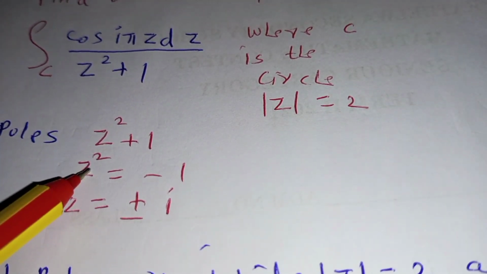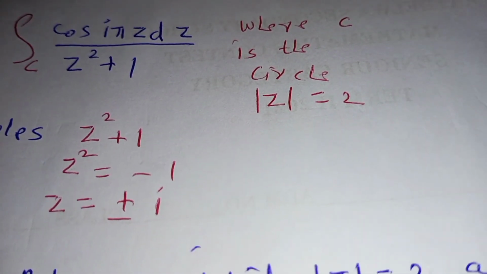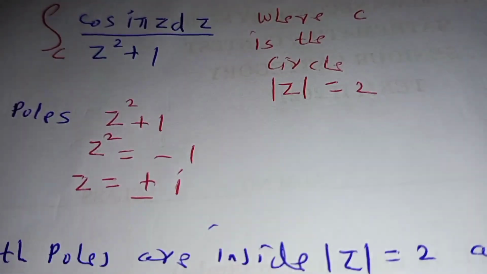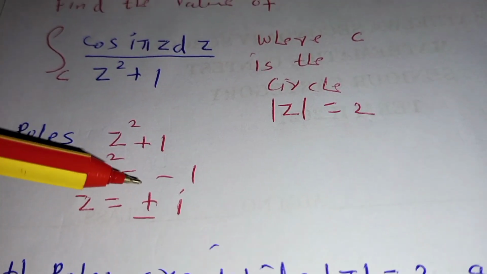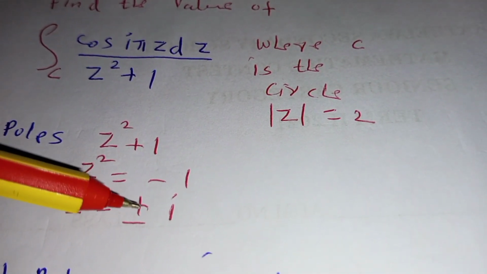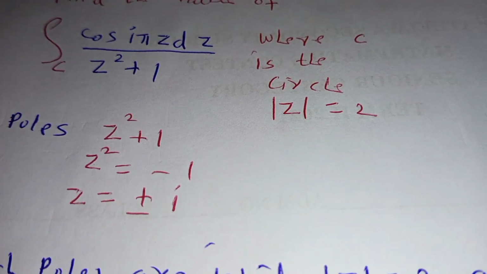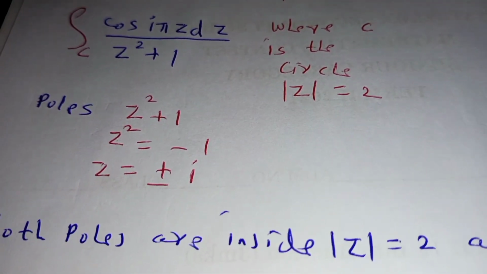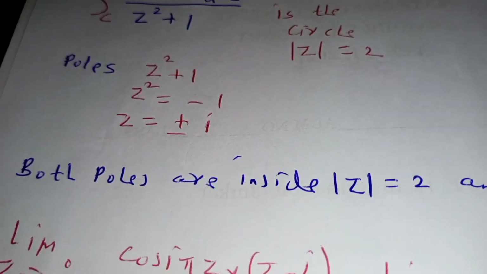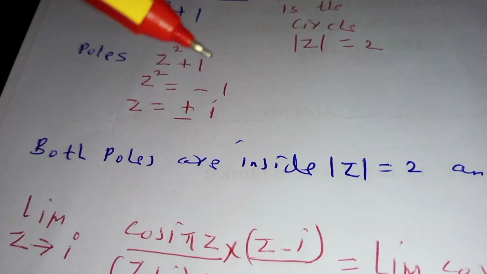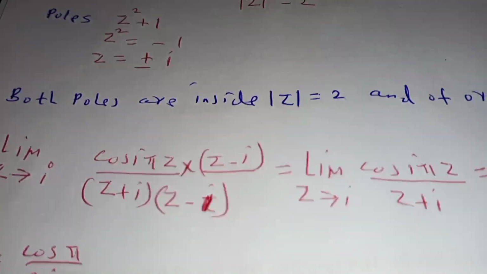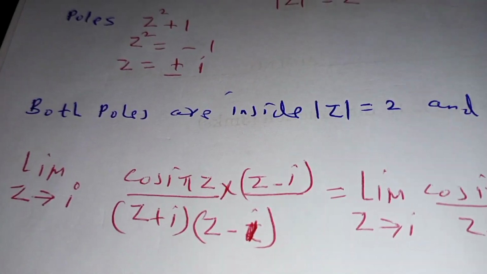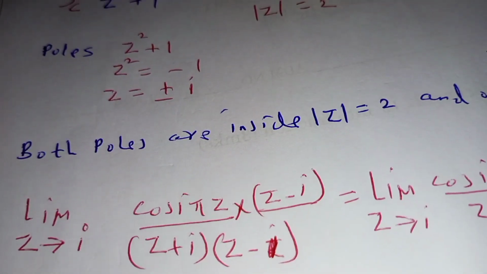We solve this quadratic equation and find that z can be equal to plus or minus i. Both poles are inside the circle of radius 2, and all of them are of order 1.